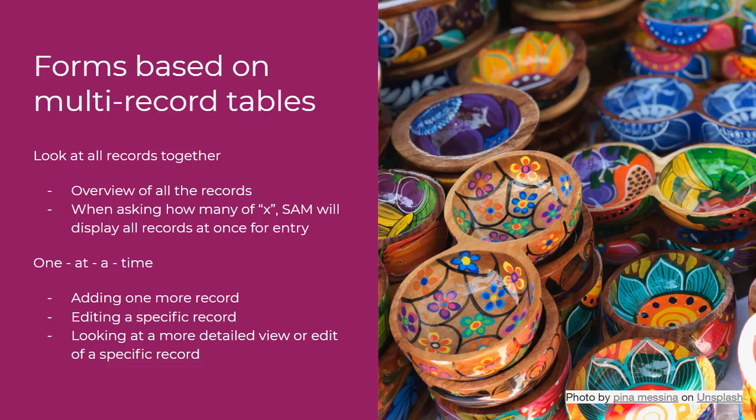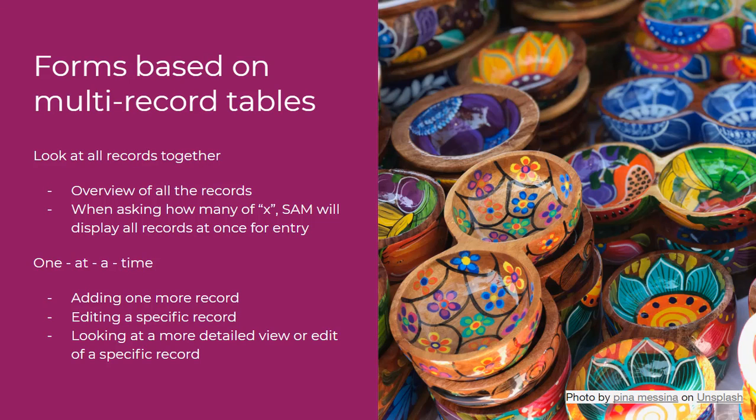Forms based on multi-record tables are generally set up in one of two ways, where you can look at all the records at one time. So you can see an overview of all the communications at one time, or some subset of those communications.